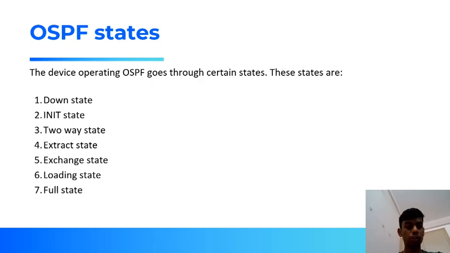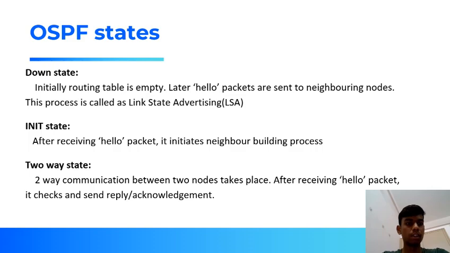These seven states include down state, init state, two-way state, exstart state, exchange state, loading state, and full state. These seven states are used to update the routing table when there is a change in routing topology or when a neighboring node goes down.